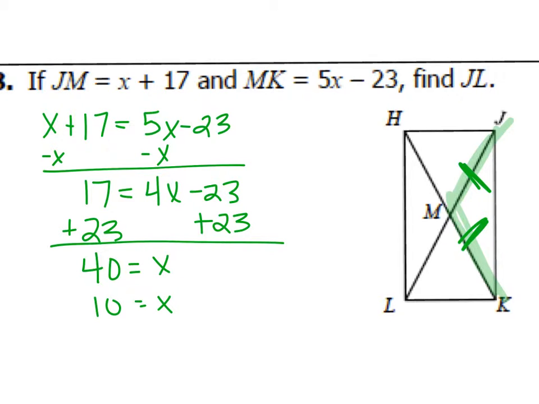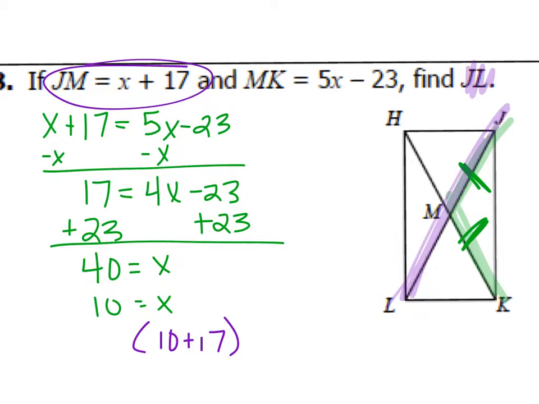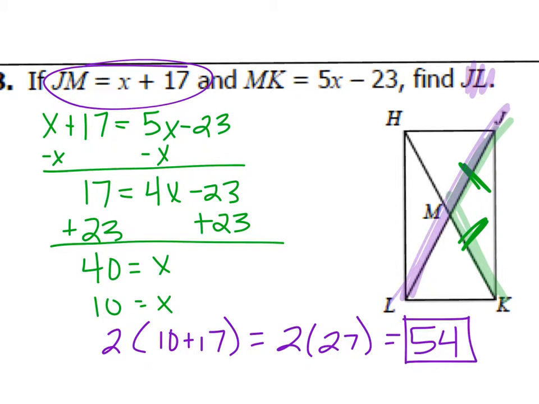This problem wants me to solve for JL, which is the whole diagonal. So I'm going to plug it into JM. So 10 plus 17. That's going to give me half of a diagonal. So I'm going to multiply it by 2 to get the full diagonal. So I know 2 times 27 is going to give me 54. Okay?